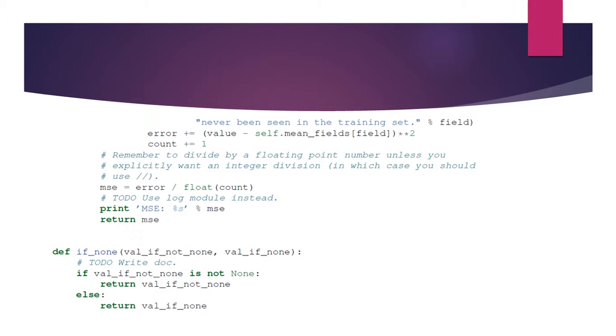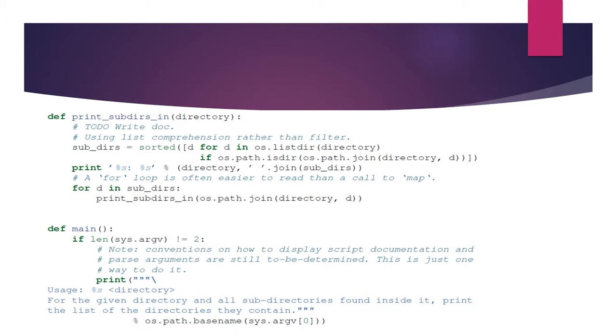the function, and if it's None, then return okay with a variable filter. Basically, it prints the subdirectories in the directory in sorted form. The subdirectories are sorted and checked in the loop condition, and the directory is printed, and then the main function.